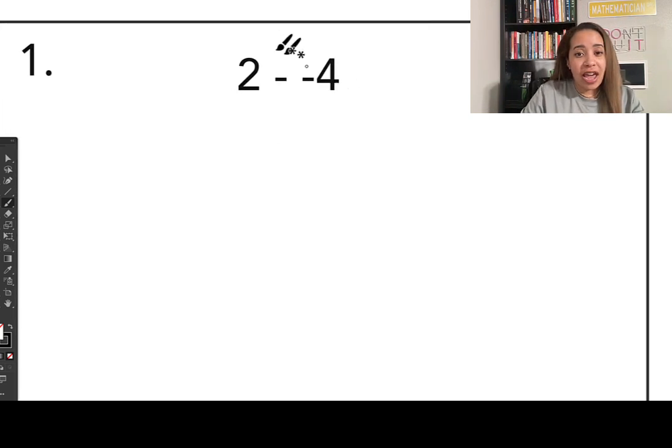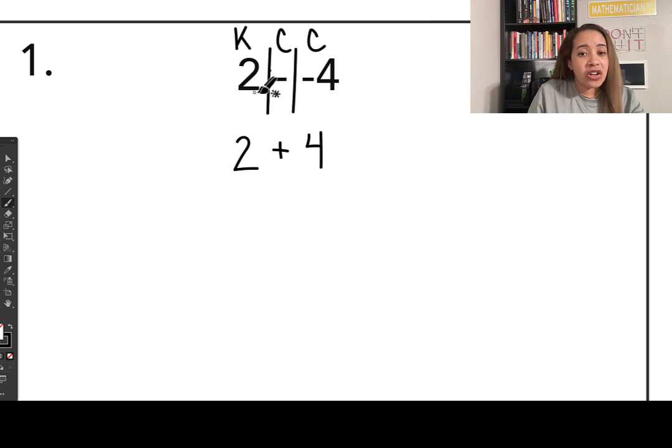I see a subtraction problem. Every single time that we see subtraction, we say the phrase keep, change, change. So we keep the positive 2, change from a minus to a plus, and then change from a negative 4 to a positive 4.